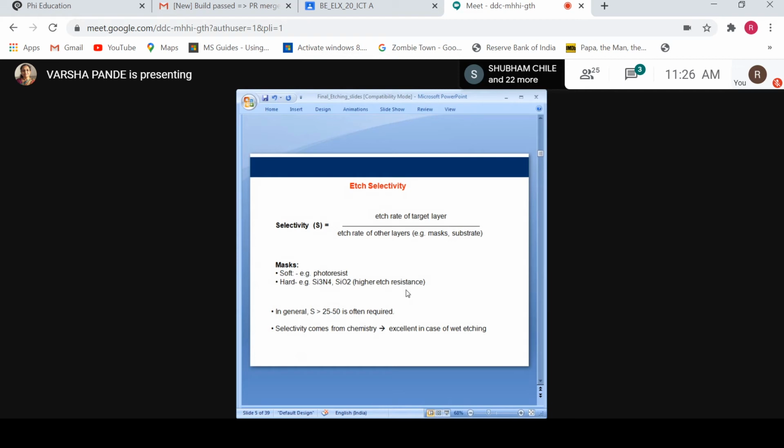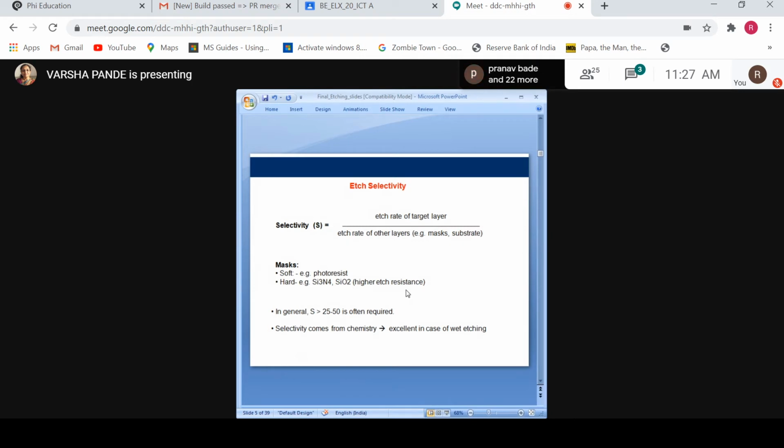Suppose we take hydrofluoric acid, for example, as an etchant solution. Then silicon dioxide has a very high etch rate in hydrofluoric acid, but photoresist like PMMA and silicon as a substrate material have a very low etch rate in hydrofluoric acid.